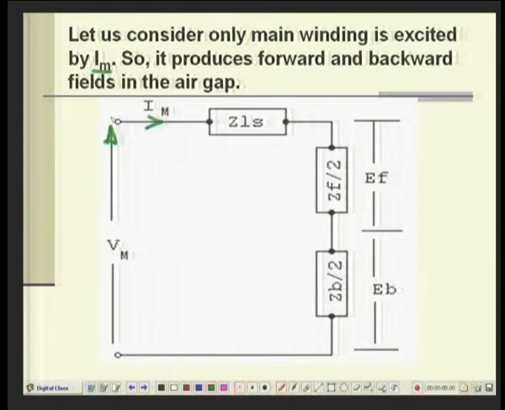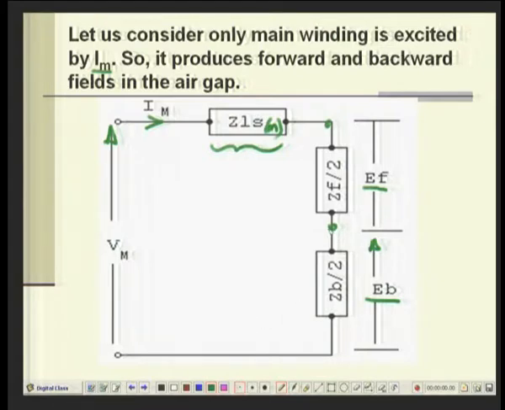Then there will always be a drop due to ZLm, the main winding impedance, and the winding will produce a forward field and a backward field, giving a forward voltage and a backward voltage, as we did in the single phase machine.